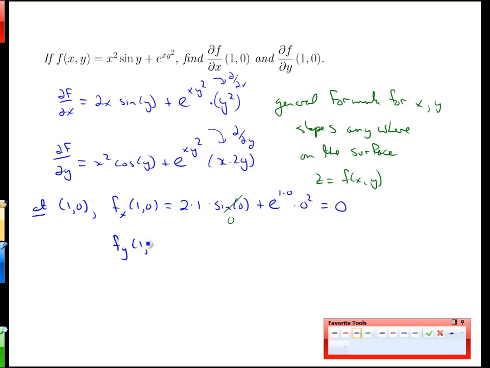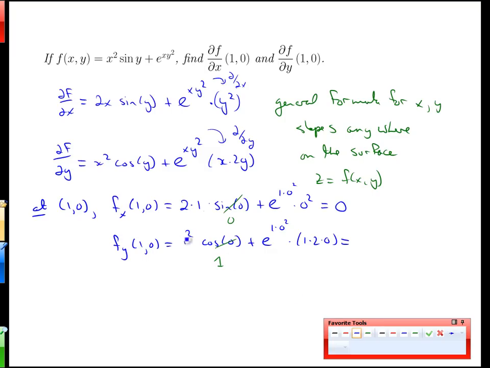Meanwhile, hopefully, we'll get something more interesting out of our y derivative. Our y derivative is x squared, so 1 squared cos of 0 plus e to the 1 times 0 squared times 1 times 2 times 0. Now this one is a little more interesting, fortunately.